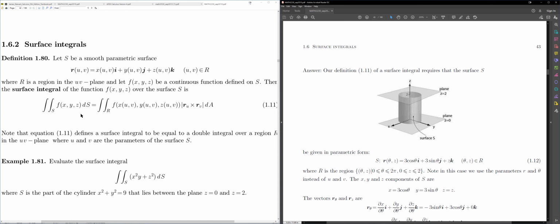So working out the surface integral, I need a parametric description, right? As I said, when we're doing surface integrals, we're going to do it two ways.